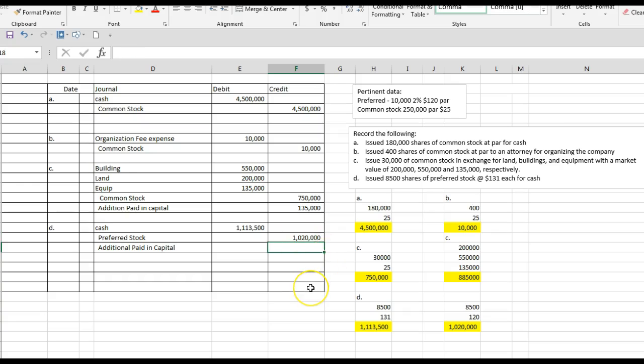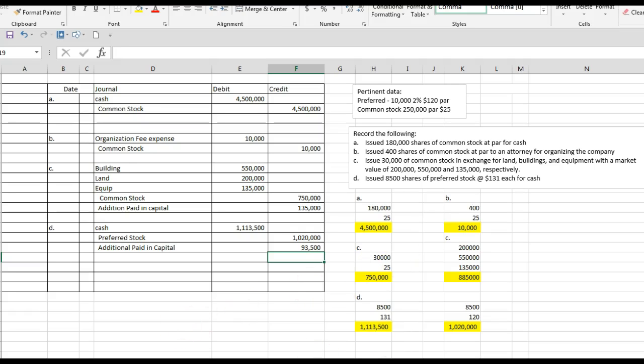So the difference, again, is going to be what I received in cash and how much the stock par is. So I have an additional paid-in capital of $93,500. Does that make sense?